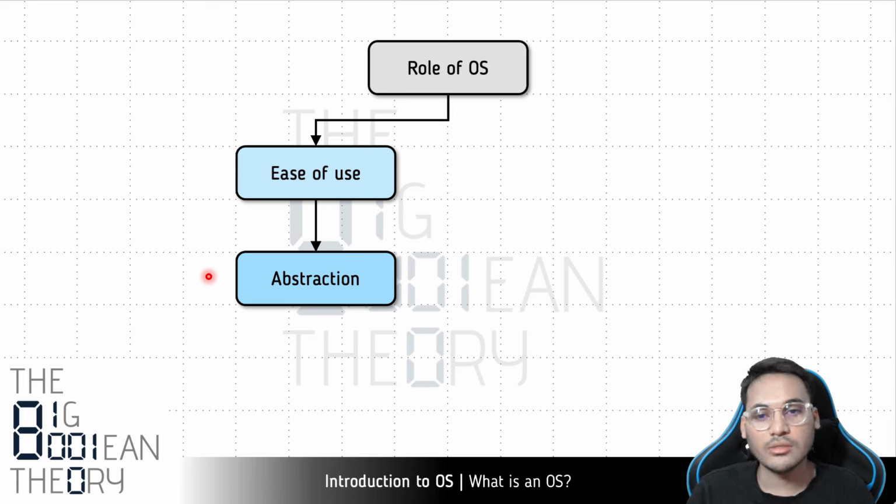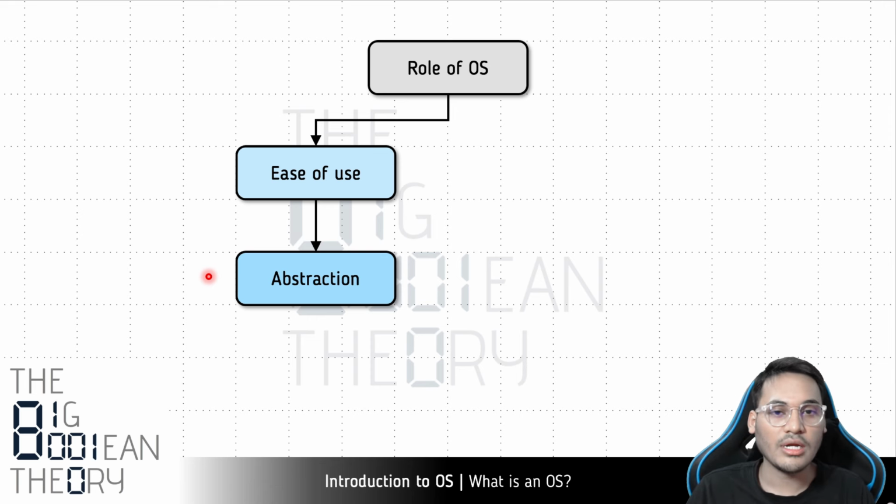So we'll see several examples of abstractions when we talk about other types of hardware resources, and see how the operating system provides easy and simple to use abstractions over other hardware resources like CPU, memory, and IO devices. So this was the first fundamental role of the operating system, that is to make the hardware easy to use.